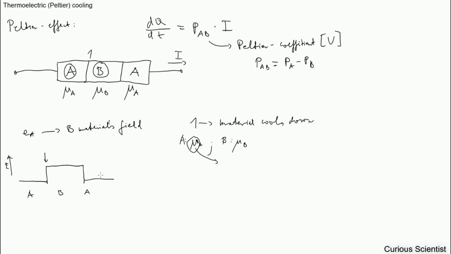And then the electrons lose their energy, and how they lose their energy is basically giving it to the lattice or giving it to the material, and that will warm up the material. So when we are at the point number 2, material warms up.